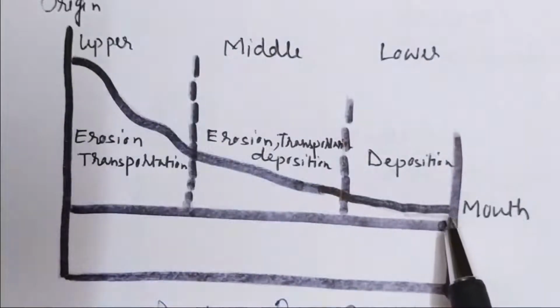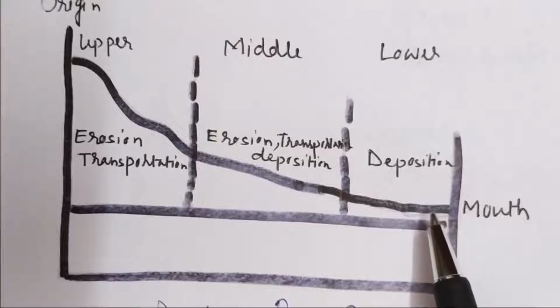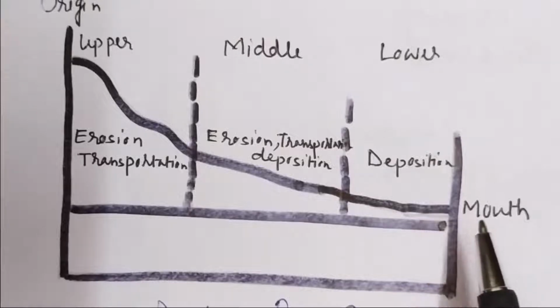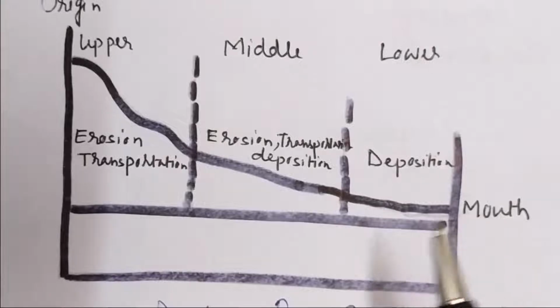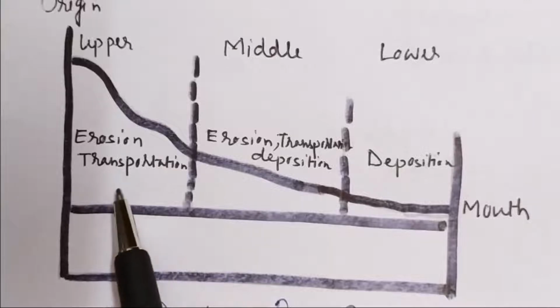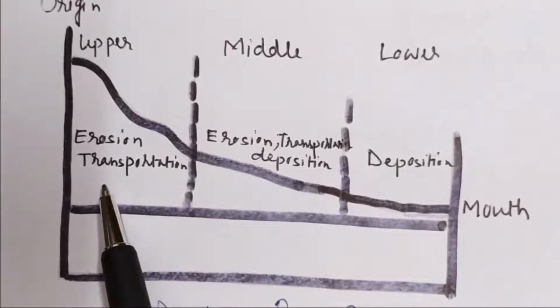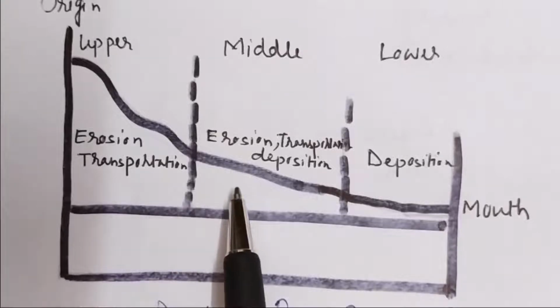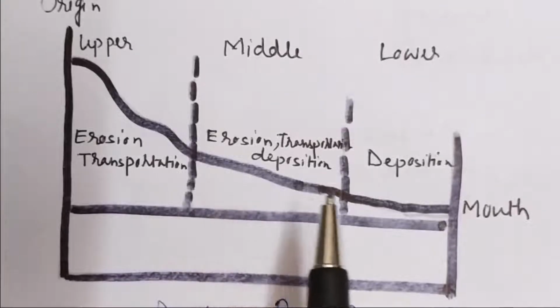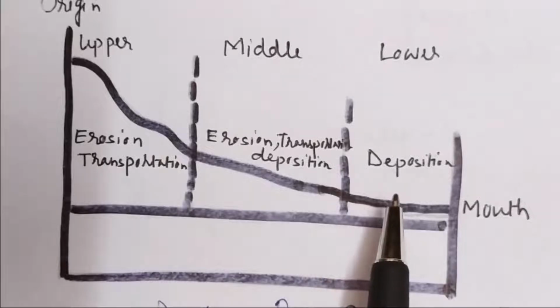And the ending point of a river, where the river joins a sea or lake, is called the mouth of the river. So from its origin to its mouth, a river may be divided into 3 stages: the upper stage or young course, the middle stage or mature course, and the lower or old course.